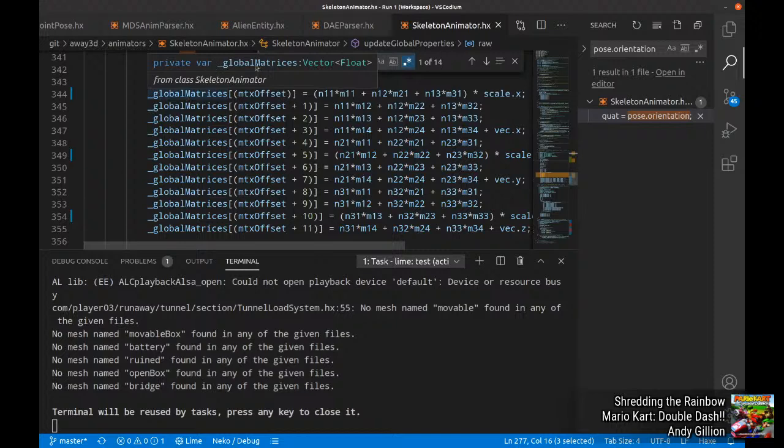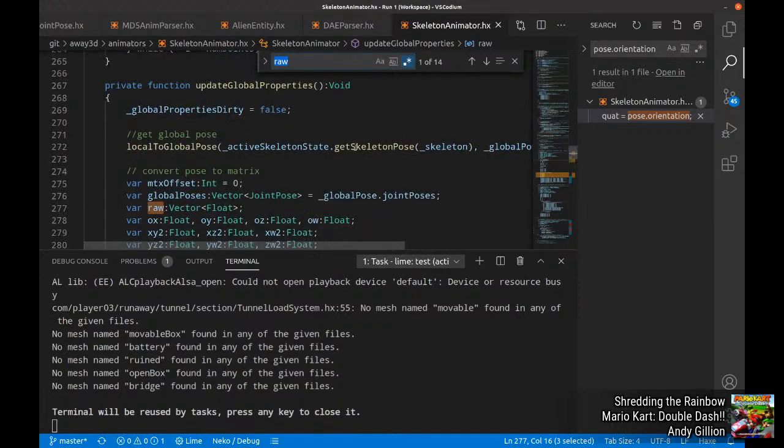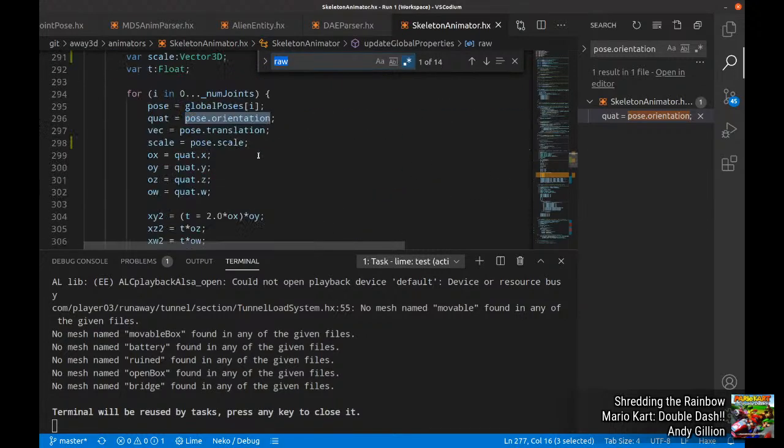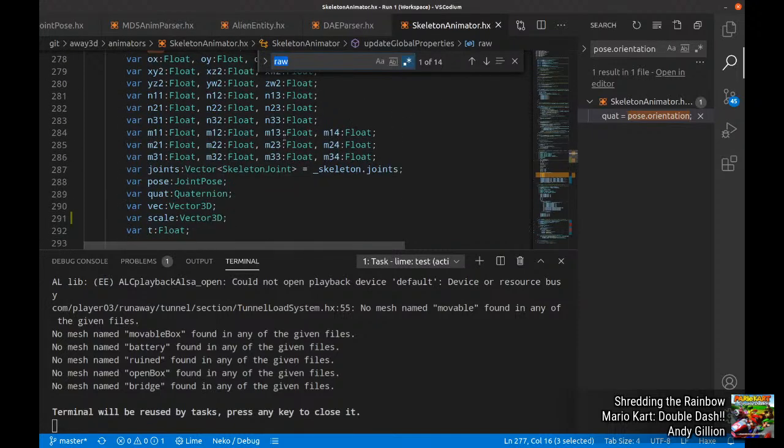Oh man, that's inconvenient. Our final result is not a matrix itself.